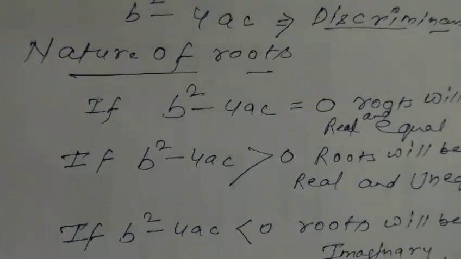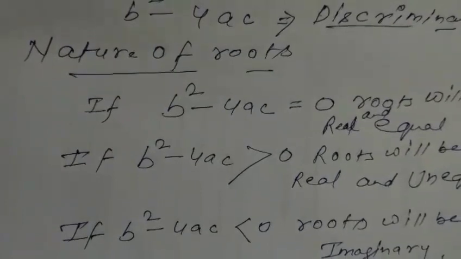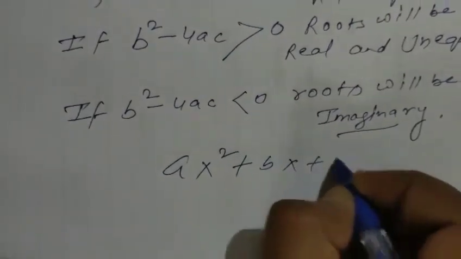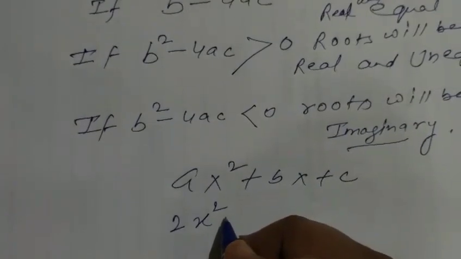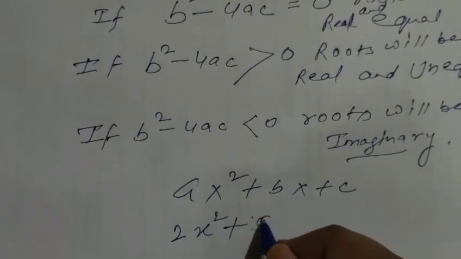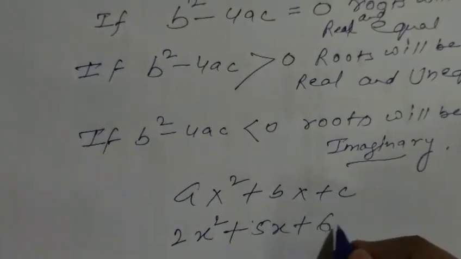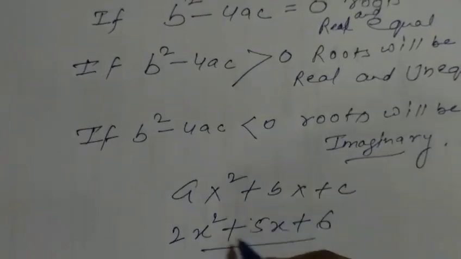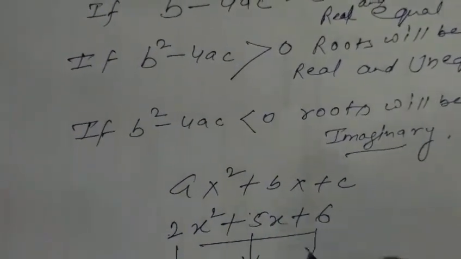We can decide by applying b square minus 4ac. If the equation is 2x square plus 5x plus 6, then a is this, b is this and c is this.